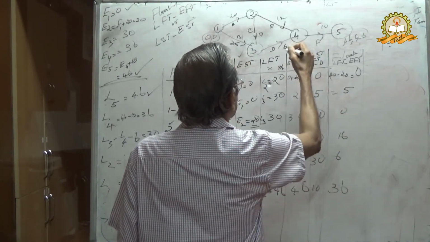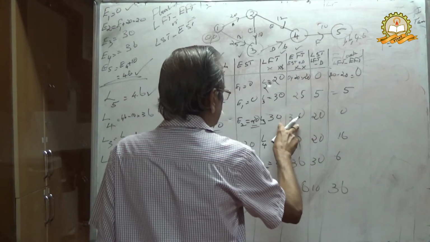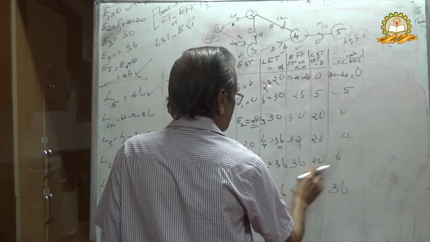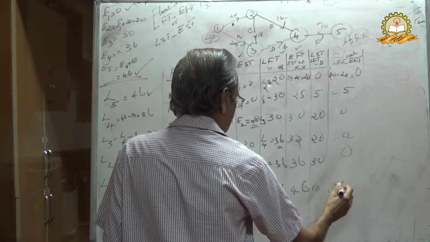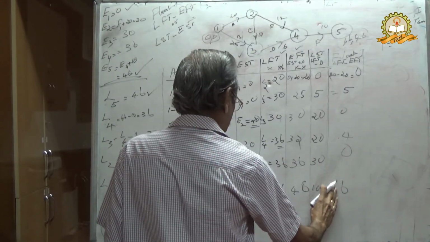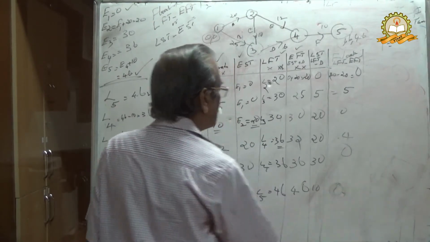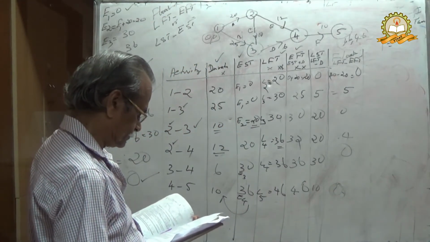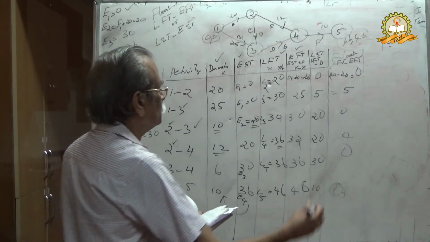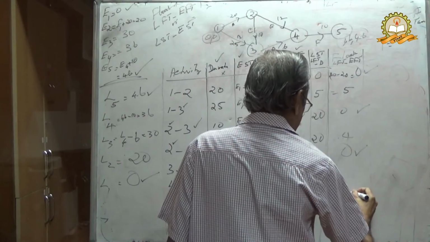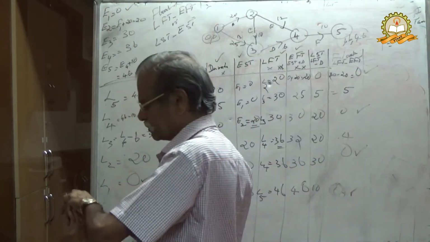We are considering these two columns. 0, 4. Here it is 0, 0. Here it is 0, then here 0, here 0, here 0, as specified.